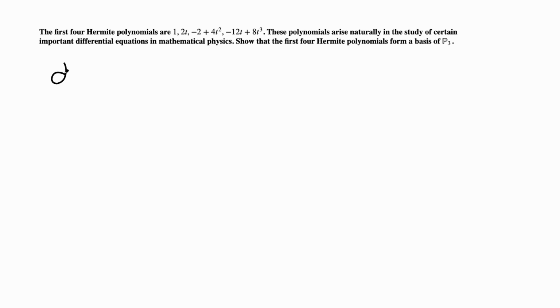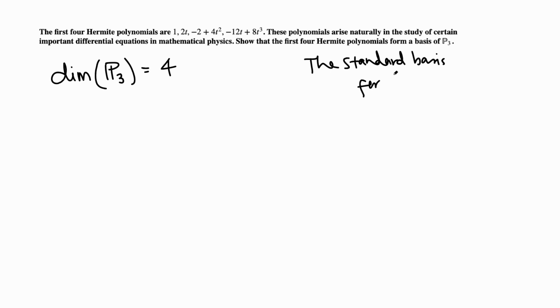We know that the dimension of this vector space, polynomials up to degree 3, is 3 plus 1, which is 4. And we know that the standard basis for P3 is 1, t, t squared, and t cubed, because this is up to degree 3.